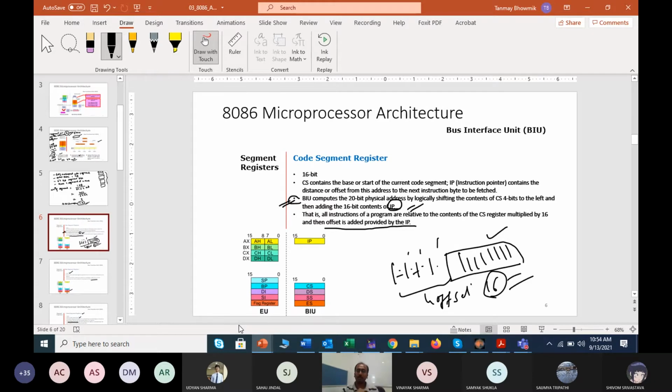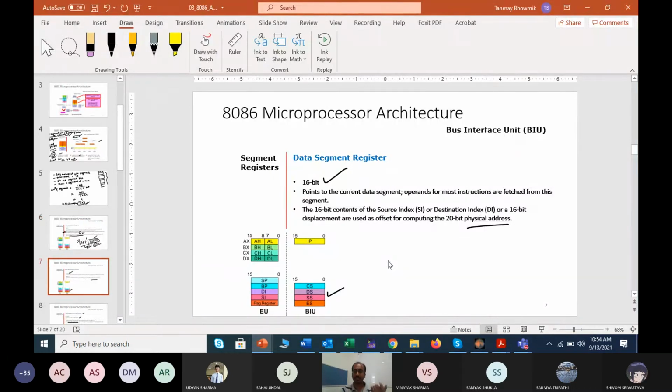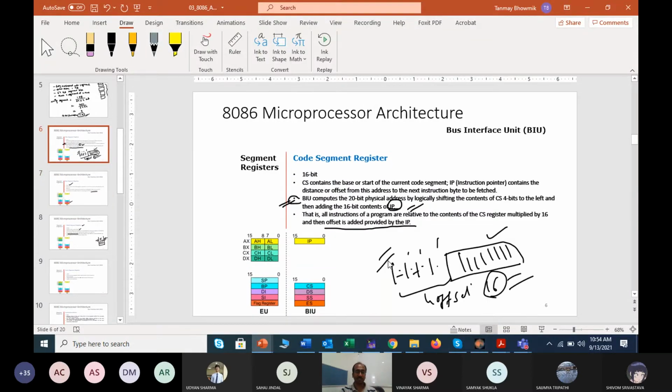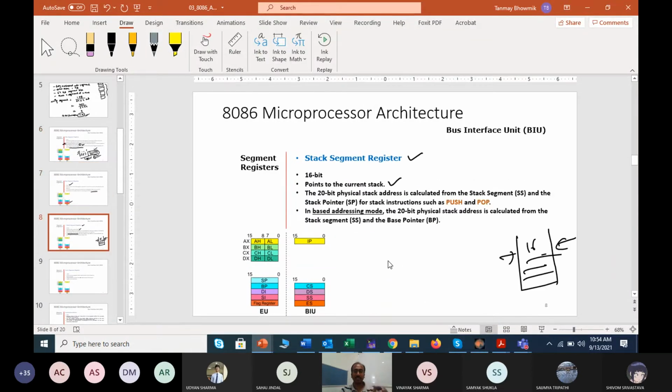And that is the way they use this 20-bit register. This diagram I was showing you on the previous day, right? Next was the data segment register. In the data segment register there were basically two parts, like source index and destination index. Source index means from where you are accessing the data, destination index where you will store this data, all these things. And then it was the stack segment register.